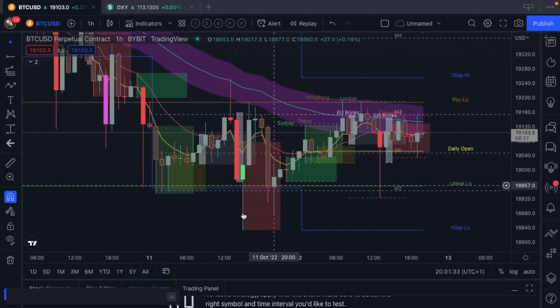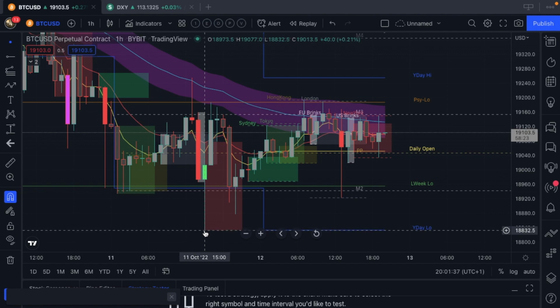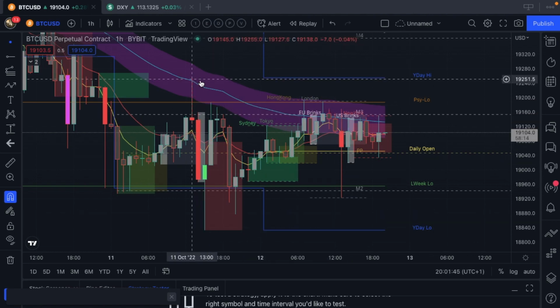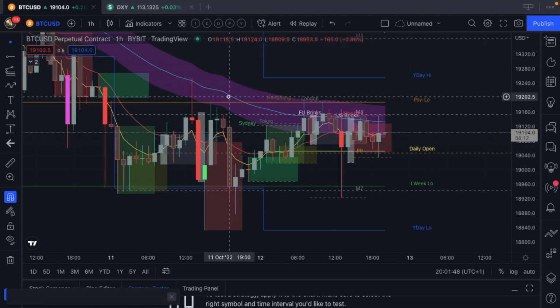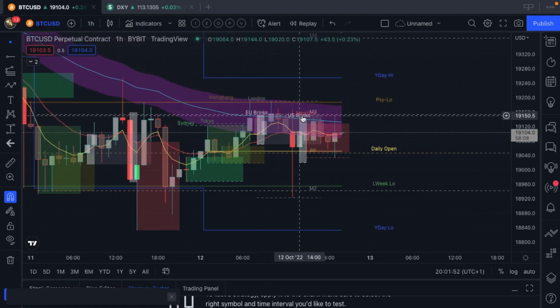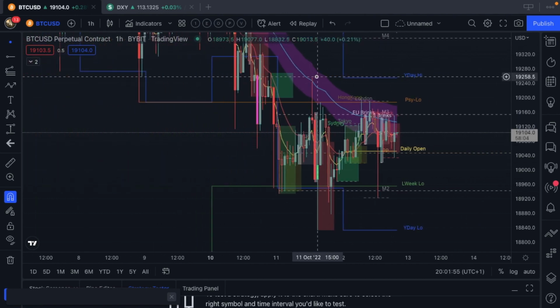But so this is where we came off of the low of our volume area low, and the bottom parallel of our pitchfork. And here we are now, and you can see we're just running into resistance on the 50 EMA on the 1 hour chart. And again, and again, and again. So we really need to break through this, and I think we will.